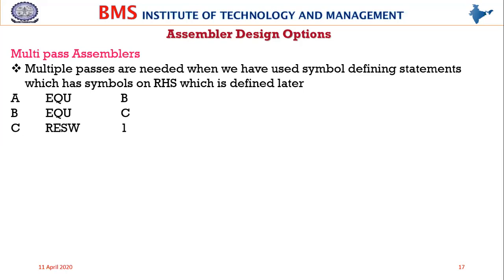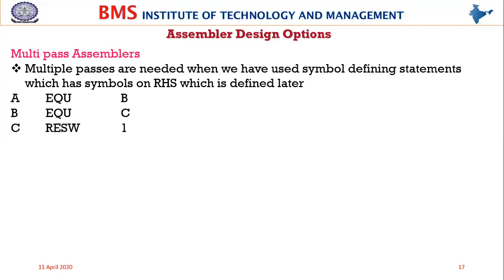We are telling A EQU B. We don't know what B is. B is written later. B EQU C. We don't know C. C is declared later. These first two are symbol defining statements. The last one is a declaration. C, reserve word 1. We are assigning an address for C, which is an integer variable.